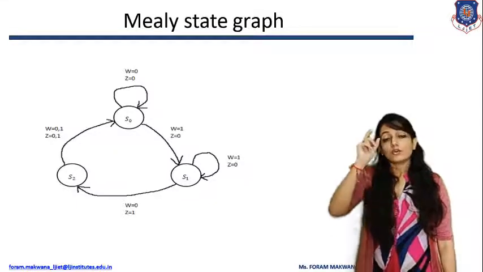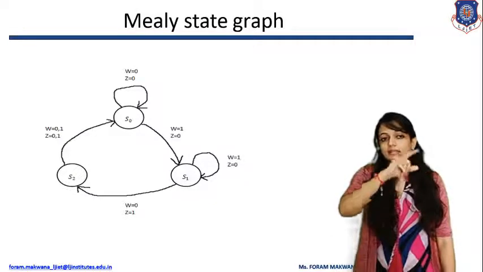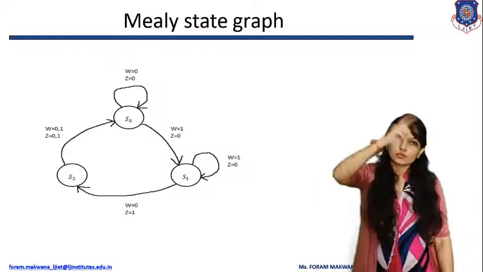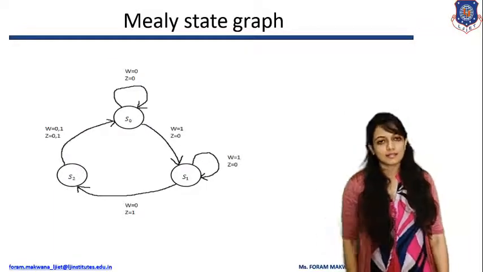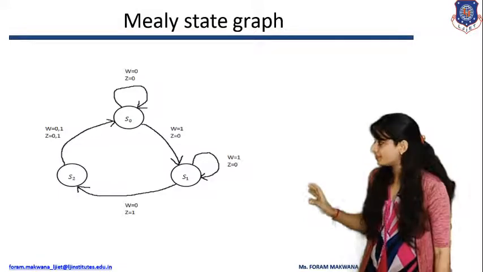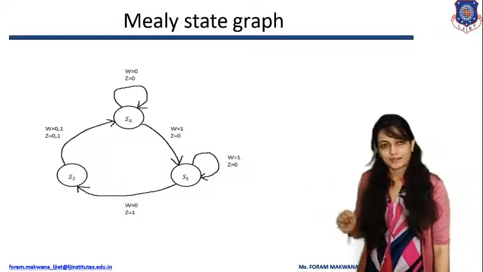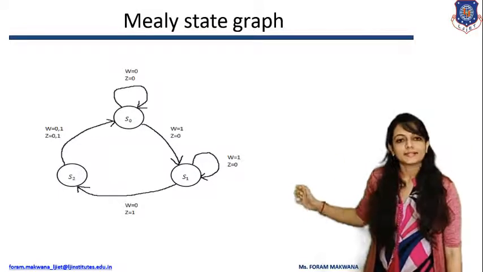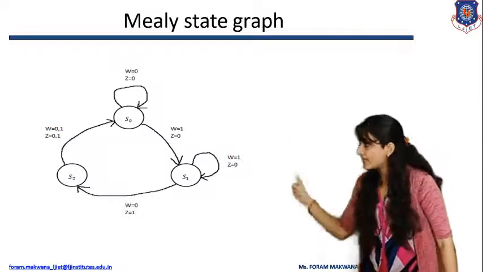Right? So, comparing this Mealy state graph with the Moore state graph, what is the difference in the state diagram? The difference is, in the Moore state graph, we write the output inside the circle.